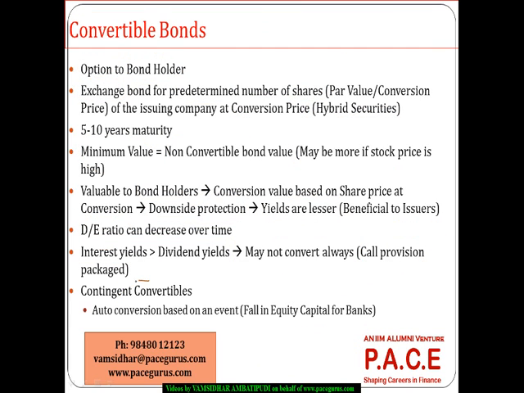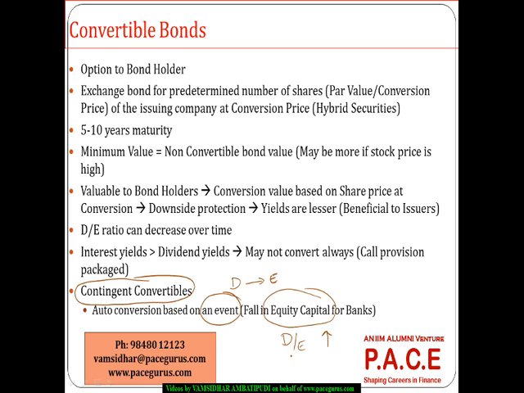Then we have a few instruments called contingent convertibles, wherein the instrument is designed in such a way that the debt to equity conversion is not at the option of the bondholder. It's an automatic conversion from debt to equity based on some event, generally issued by banks, especially when their equity capital is falling or the debt to equity ratio has gone up compared to the regulatory limits.